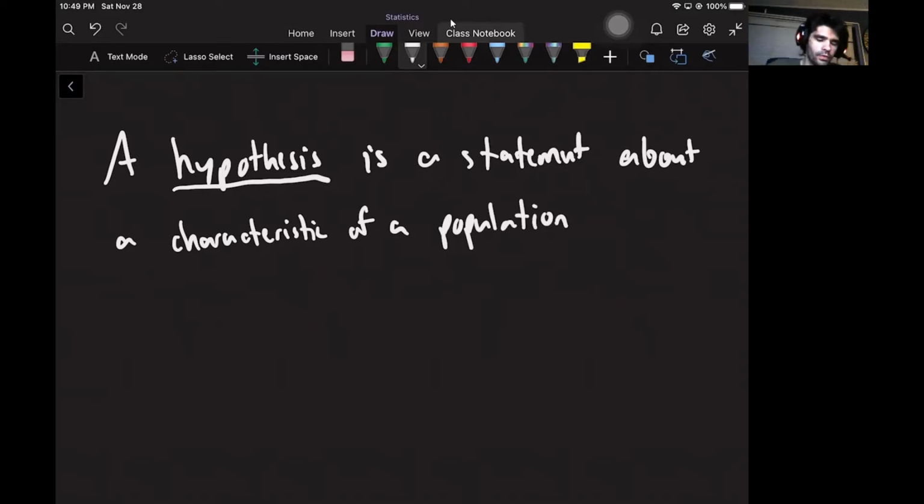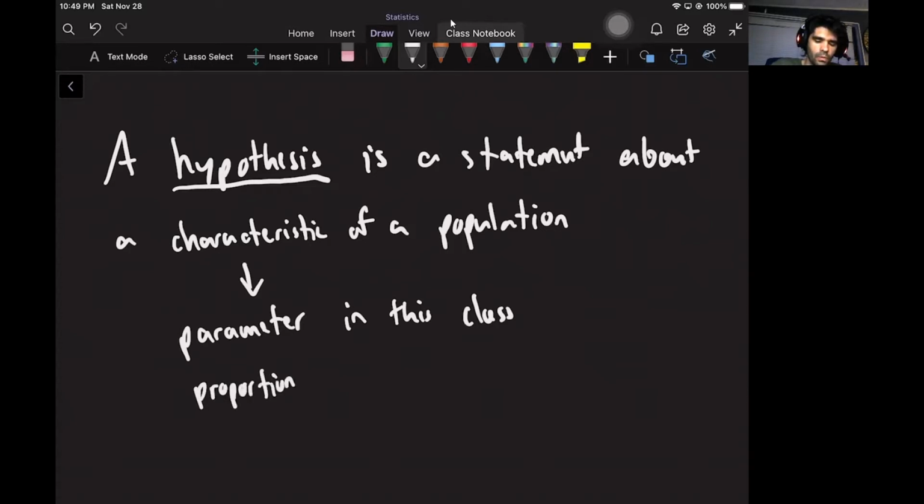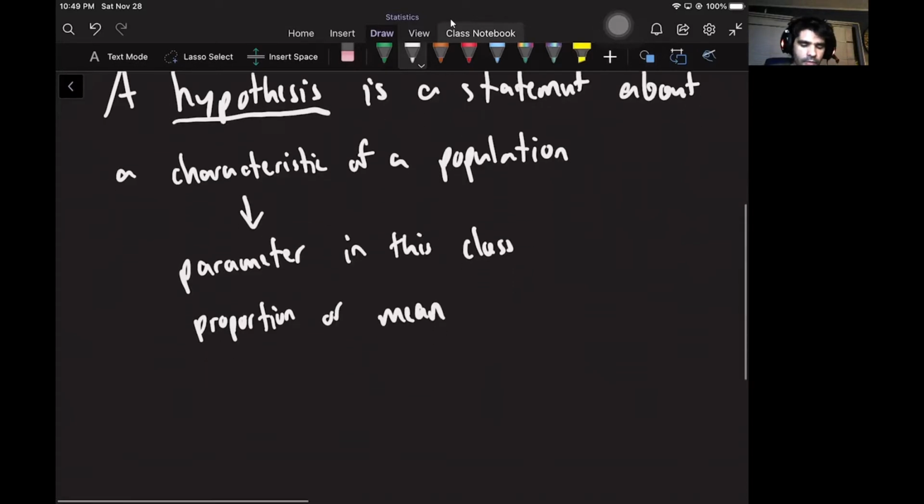So for us, a characteristic is always just going to be a parameter, meaning a numerical value associated to a population. So in this class, we've only done two parameters, it's either proportions or mean. So that's the nice part. We're only going to be talking about two types of numbers, either a proportion of something or an average of something.